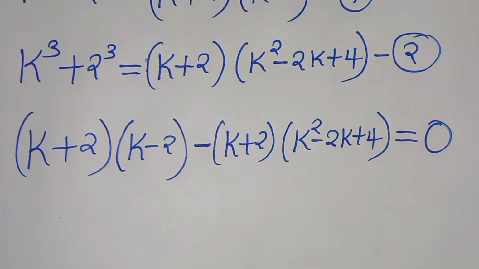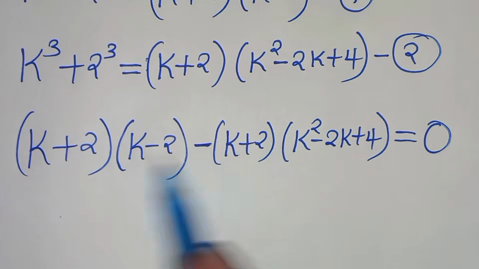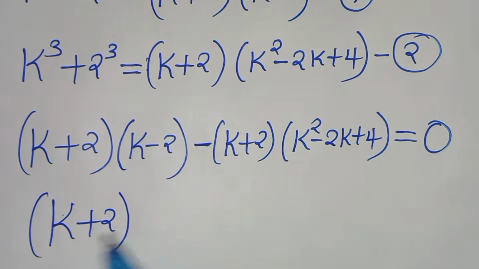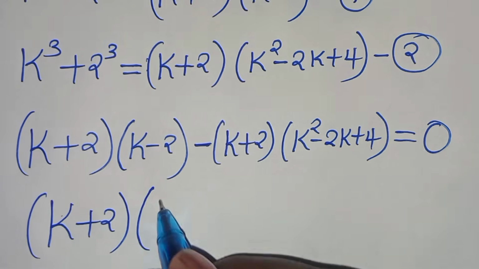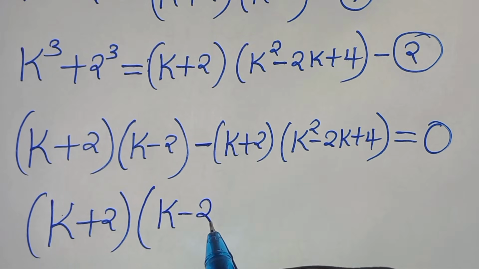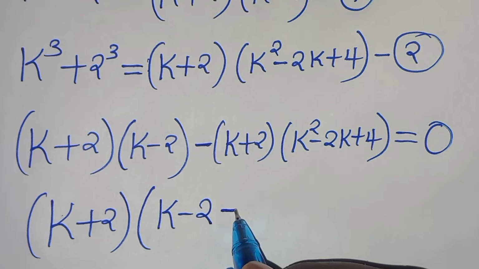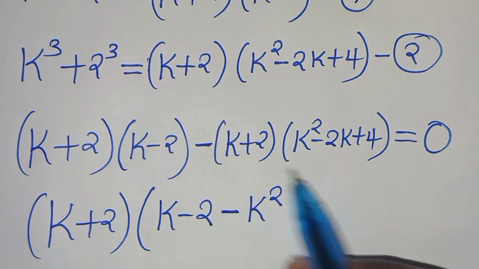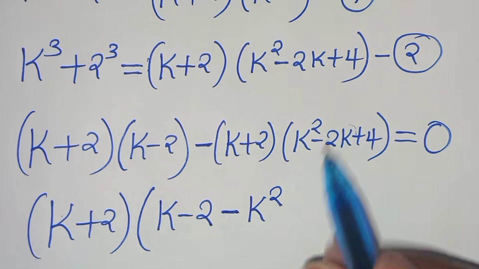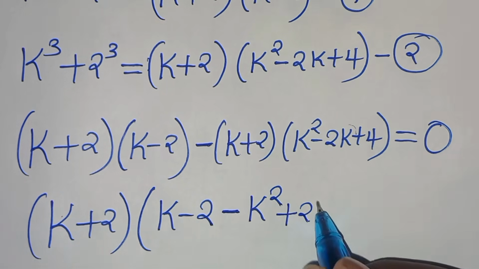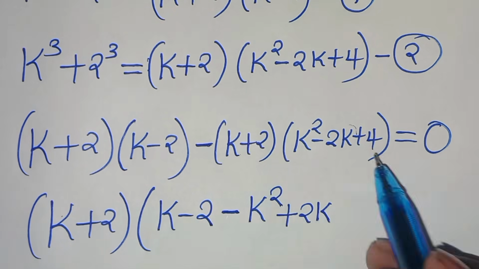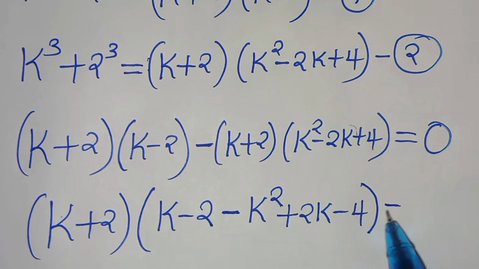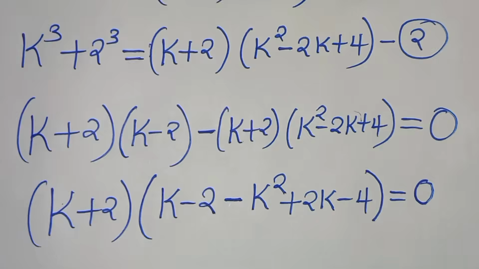Now the next step is that k plus 2 is common here, so we can factor out k plus 2 into the parentheses. This is k minus 2, then subtract k squared, then we have minus times minus 2k. This is plus 2k, then minus times plus 4. This is minus 4, close the parentheses. This is equal to 0.